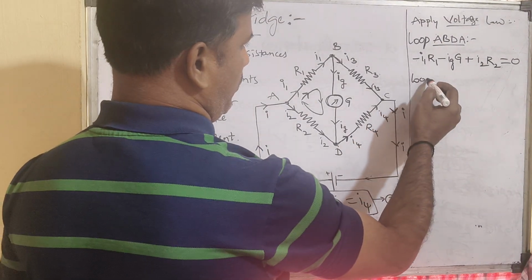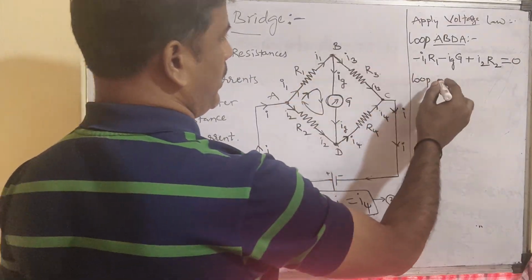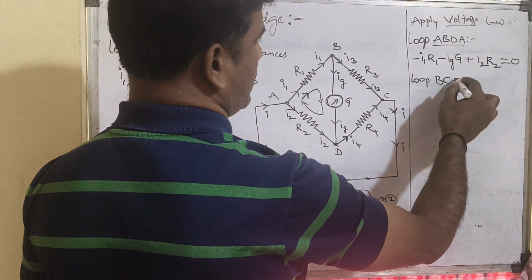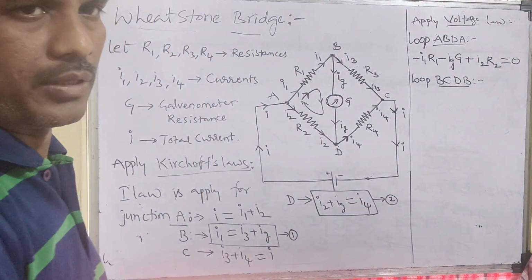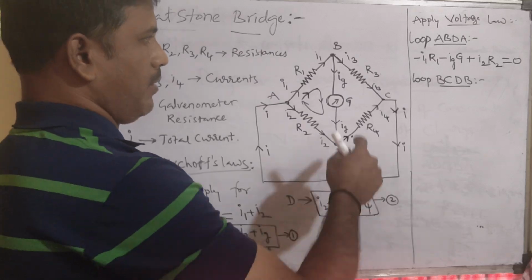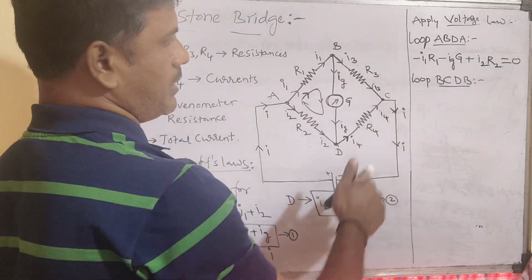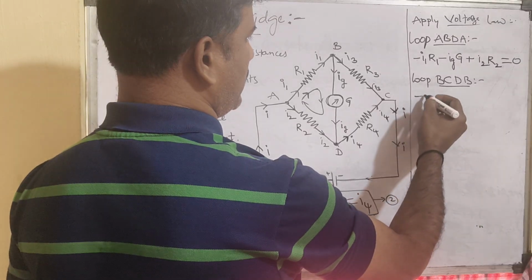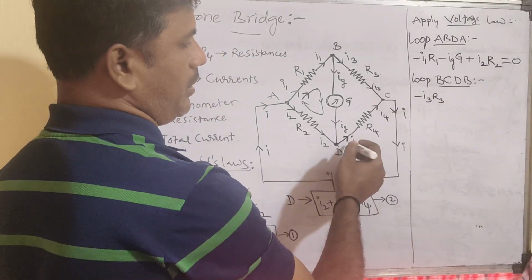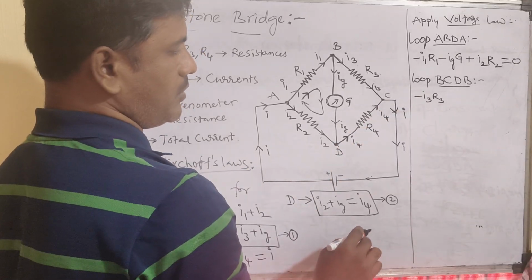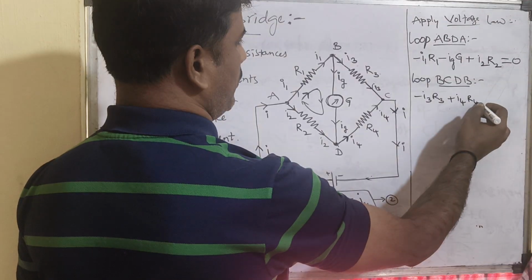Next, the second loop: B to C, C to D, D to B. You can easily observe here. B to C, the loop direction and the current direction are the same, so minus I3 R3. C to D, but the current direction is opposite, so plus I4 R4.